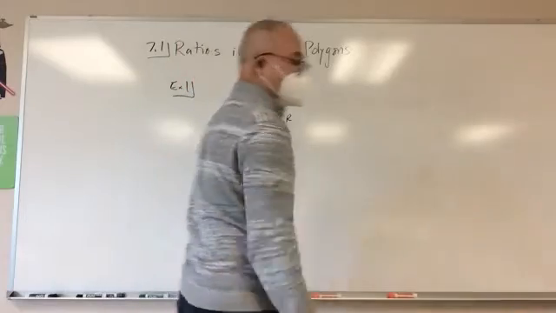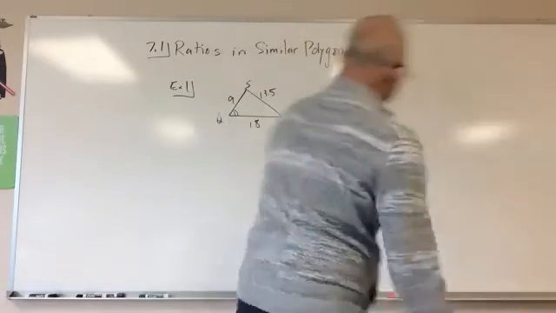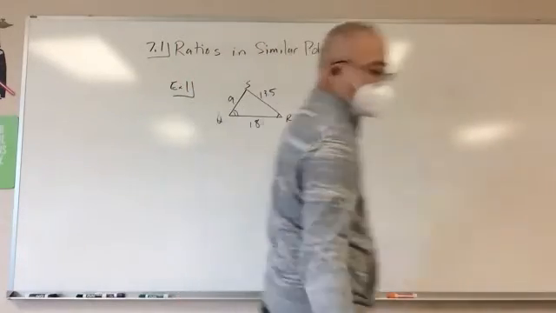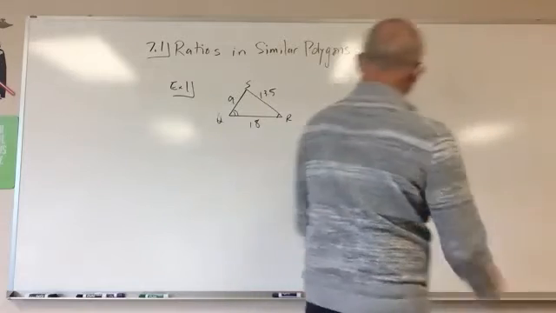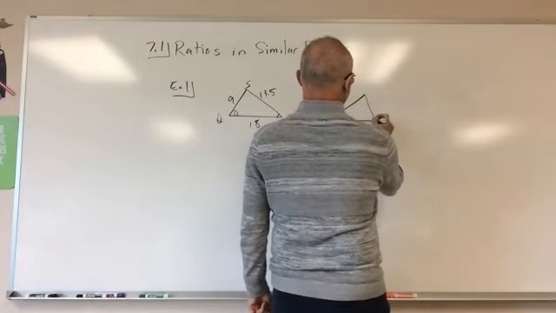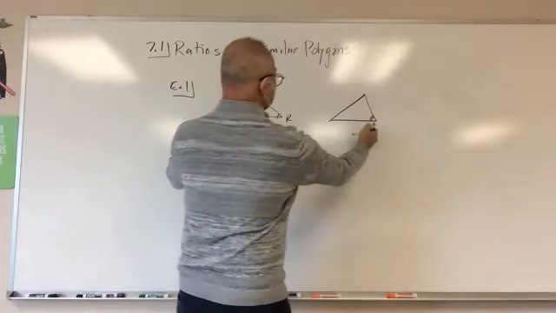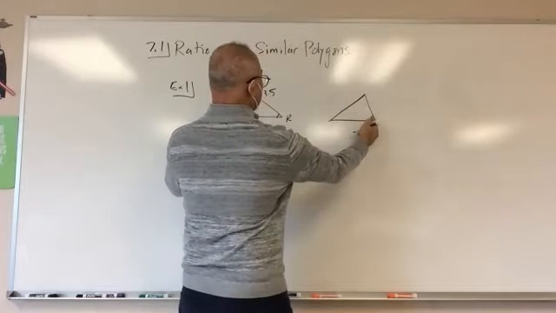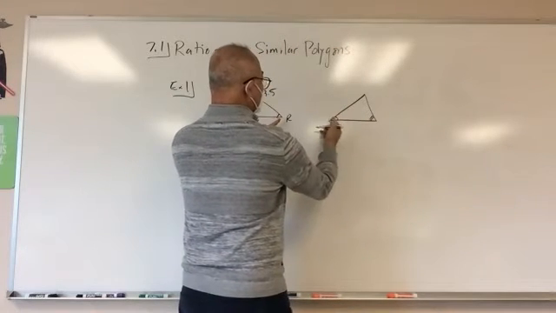We have an angle here, an angle here. Notice they flip-flopped it in the smaller one. We have this angle, which is the corresponding spot. This angle is over here.